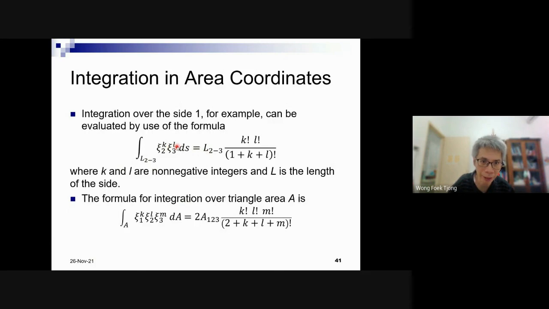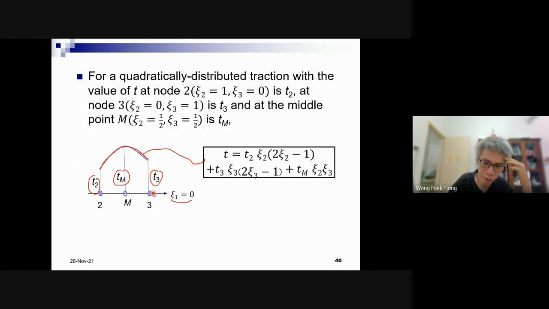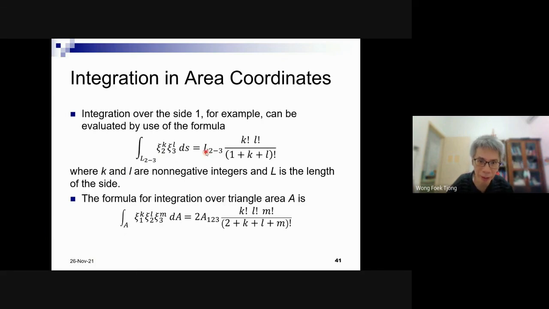Power of K and L, integrated over the line ds, line 2, 3, for example. The formula is given by L, where L is the length of side 2, 3, times K factorial L factorial over (1 plus K plus L) factorial. Later I will give an example to explain this.